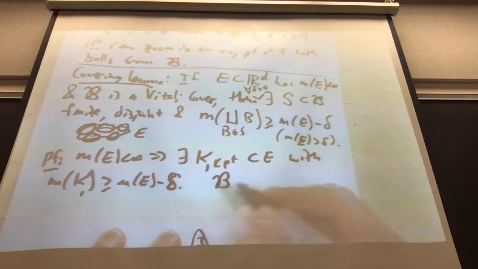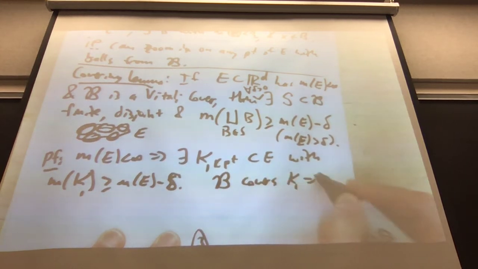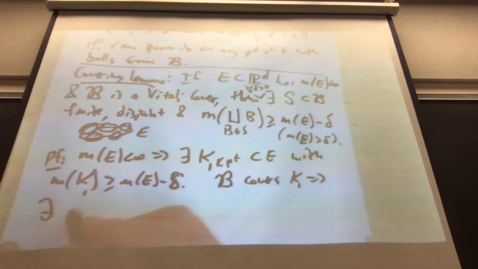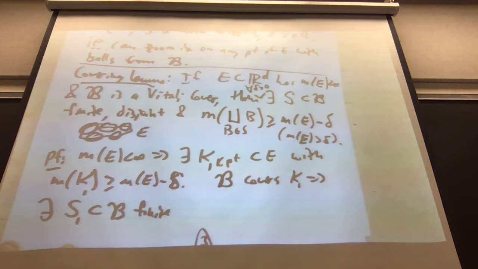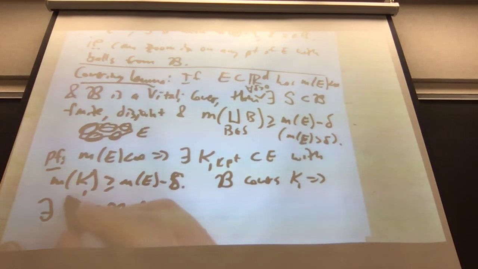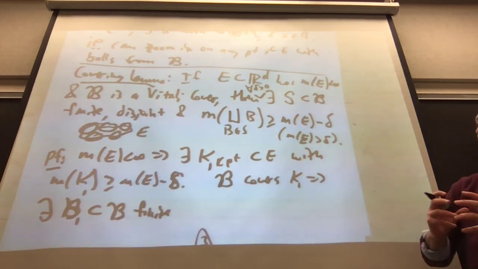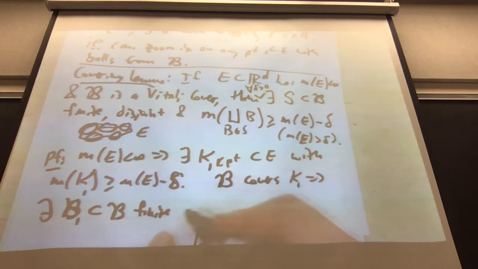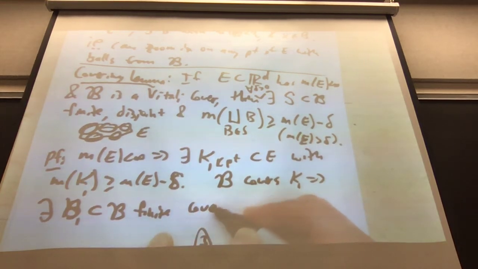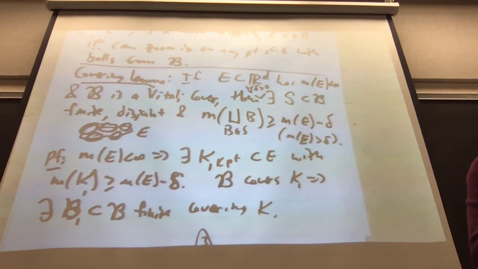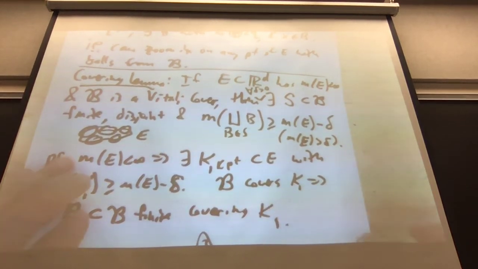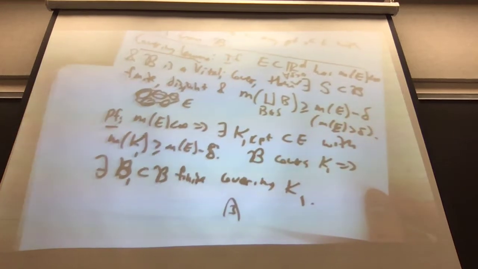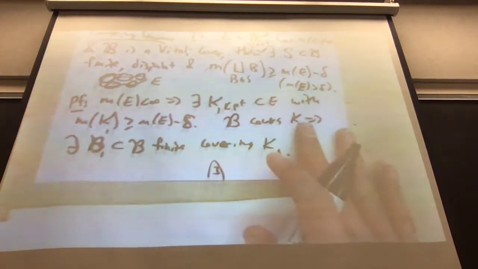So B covers K1, which implies there exists a finite subset, this isn't even the S that I want, let's call it B1, covering K1. We're about to do an induction. It's not even induction, it's just counting.